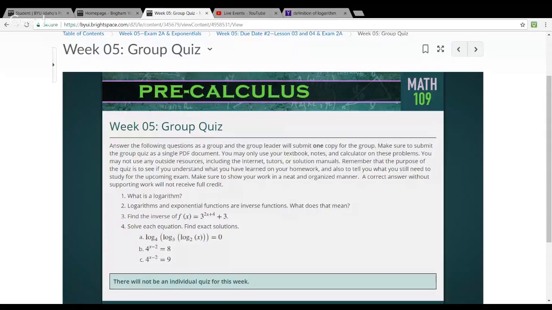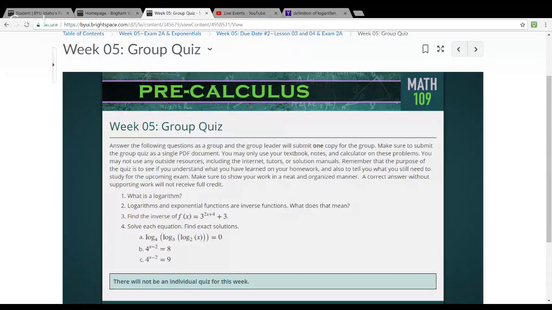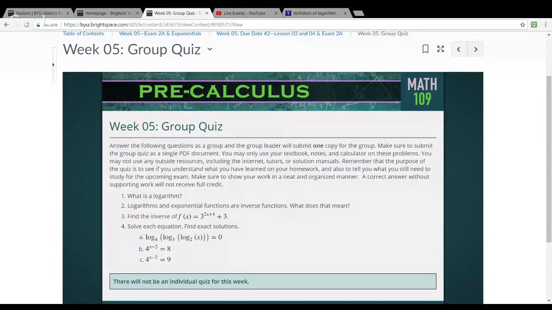4C is going to be a little trickier. It's the same thing, just not equal bases. Well, we could go crazy and try to raise them to the same number.